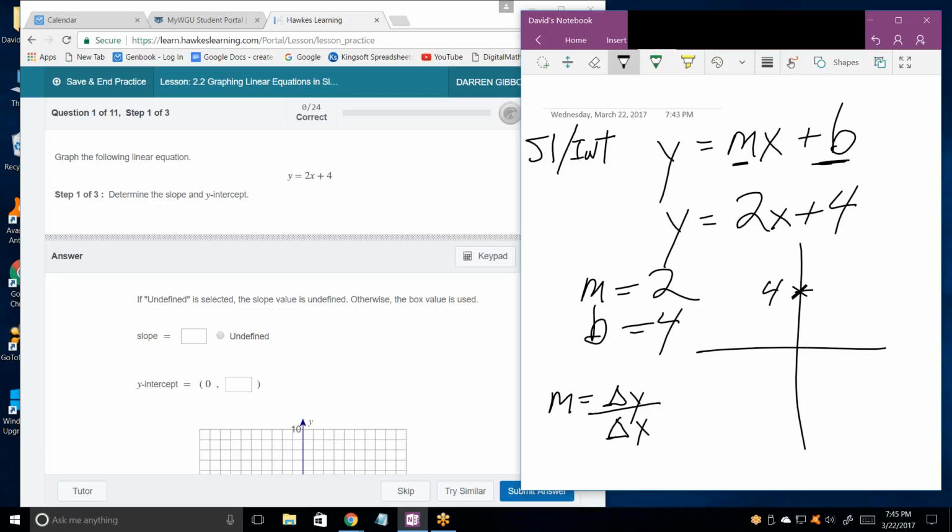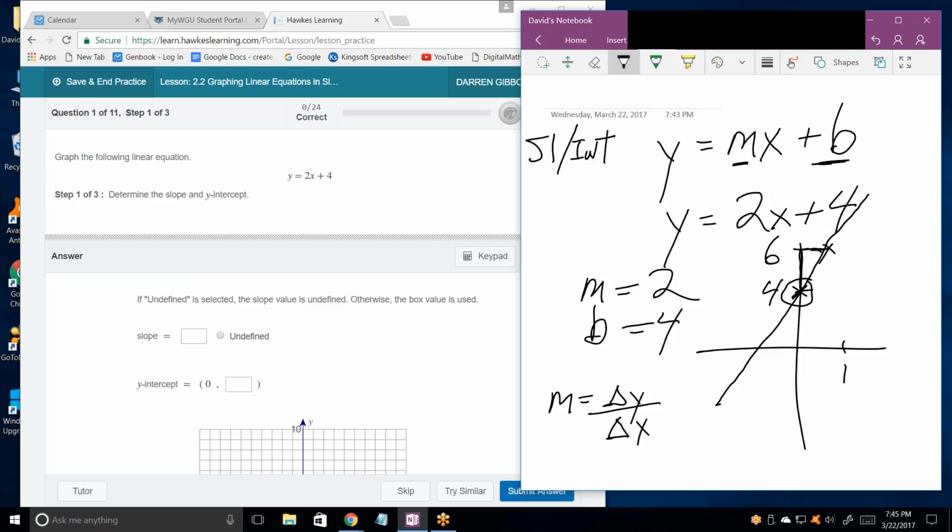So for a slope equal to 2, I've got to go up 2 and right 1. So if I go up to 6 and right 1, my next point ends up right there. Now if I connect those 2 points, there's my line. And notice that I've got the y-intercept correct, and I have the slope correct, because I've got to go up 2 and to the right 1 to make that second point. And that's all I have to do.